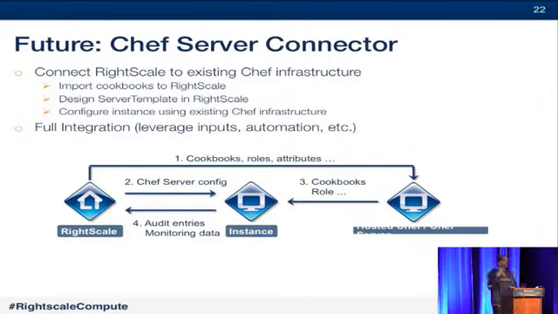Once it's configured, it sends its monitoring data to RightScale, and all the automation works the same way. What's great about that is you get all the benefits of a fully integrated solution, but you get to use the Chef tools like search and data bags that you cannot use if you use the RightScale engine. So we think this is a fairly attractive solution that, if you're a Chef organization, should be very interesting to you.